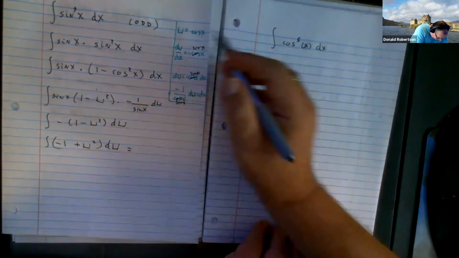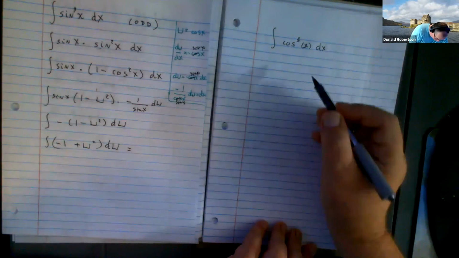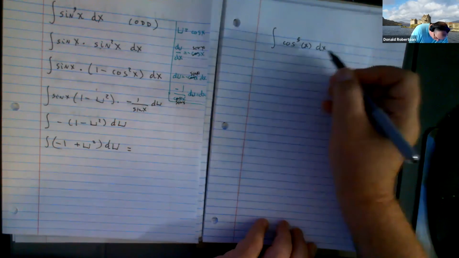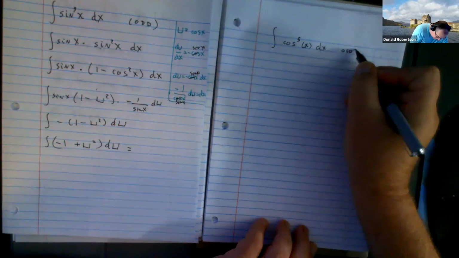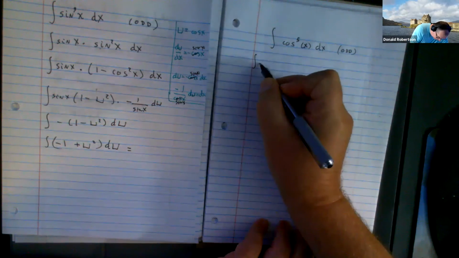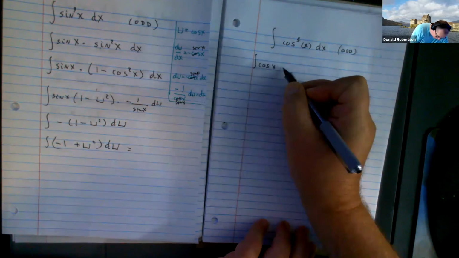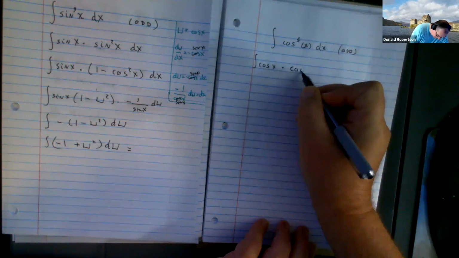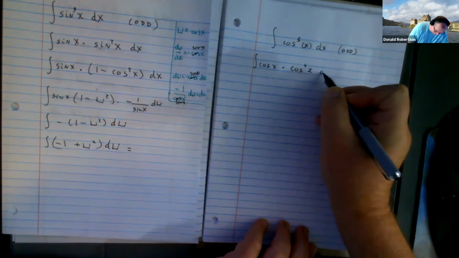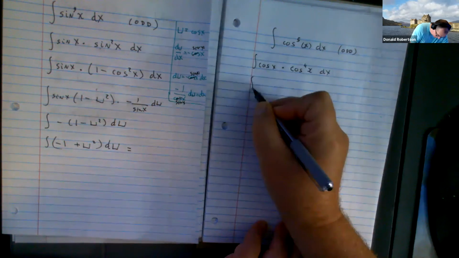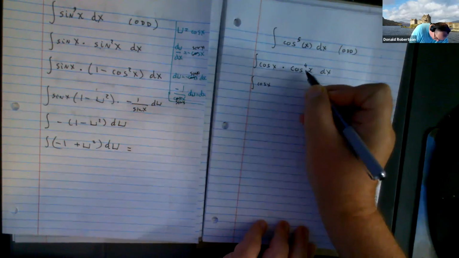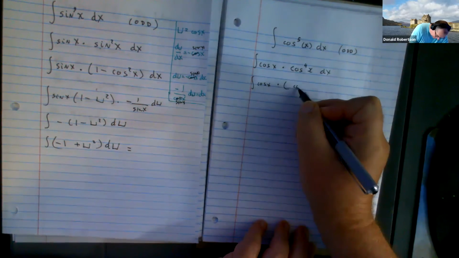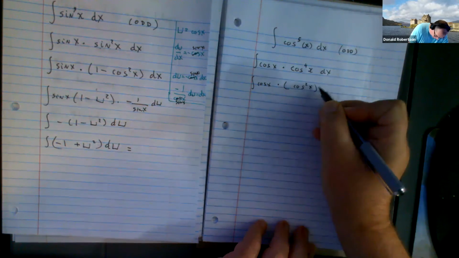If you've got a sine that's an odd power on its own, or a cosine that's an odd power, as it is here, on its own, then you will pull out, in this case, a cosine. And you will leave behind the rest. You will think of this guy in terms of cos squareds.